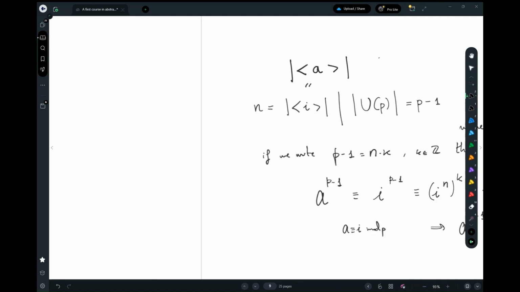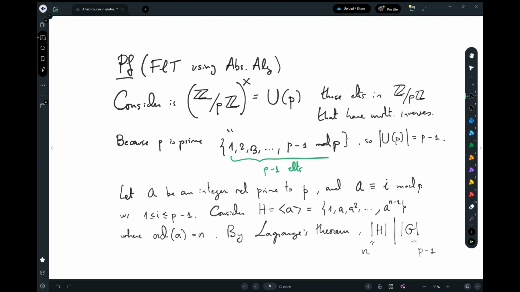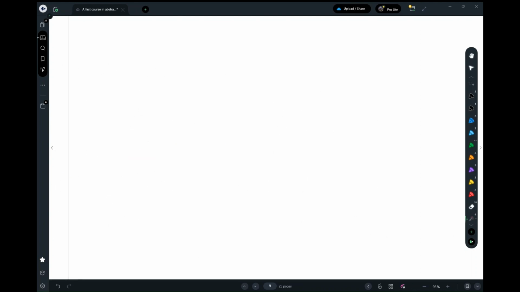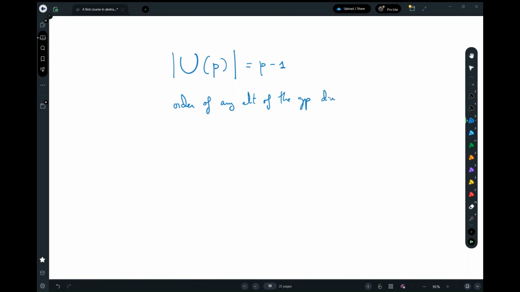So in summary, what has happened here is that Fermat's little theorem is true simply because U_p has size p minus 1, and we showed that the order of any element of the group divides the order of the group.